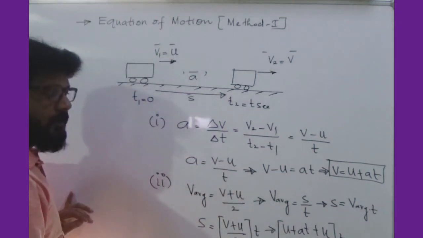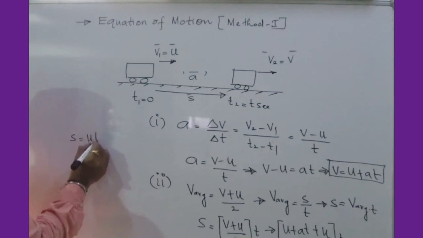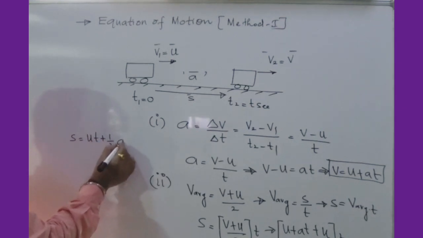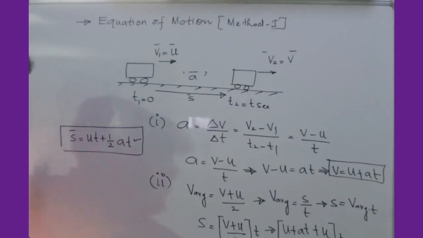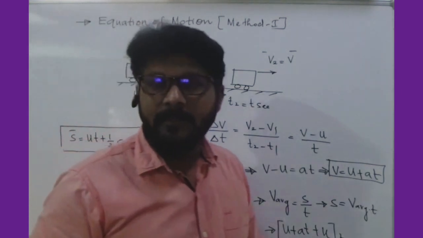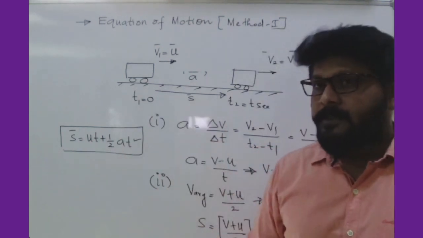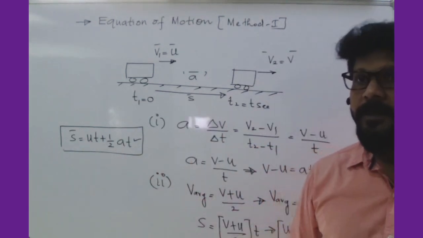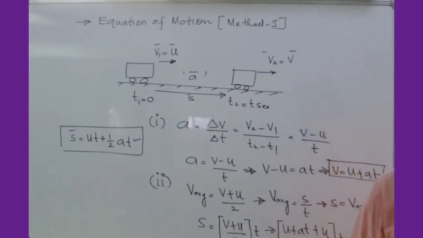If you further simplify, you get s is equal to ut plus half at square. This is the displacement after t seconds, the same thing we discussed in the last class. Just take a screenshot, then we'll go for the third equation. If you have any doubts, let me know. Anybody? Any doubts?